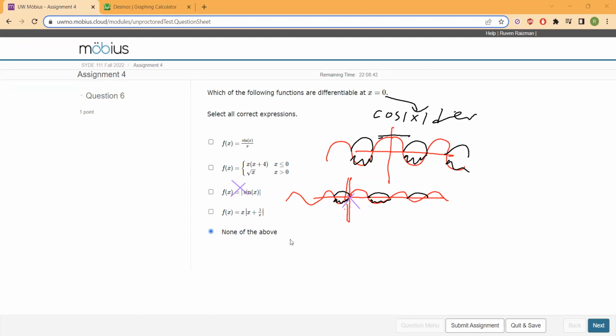Finally, we're going to get x times the absolute value of x plus 1 over x. So what we want to do is let's quickly define it.